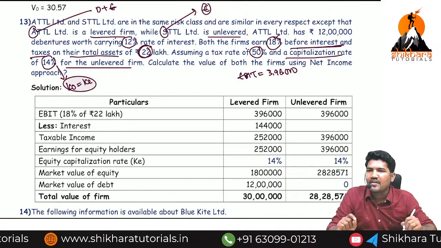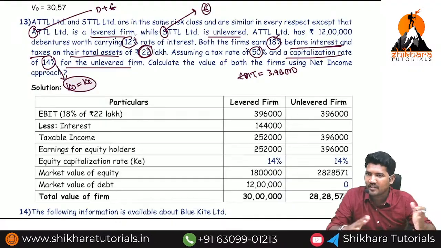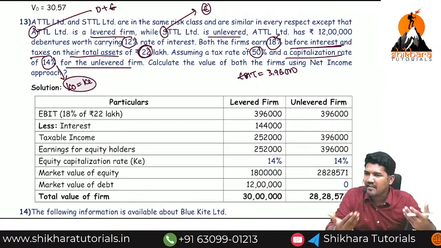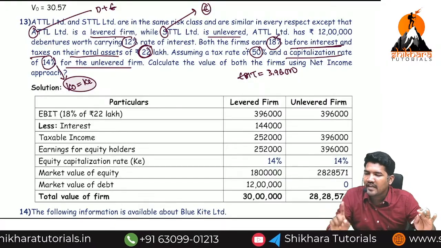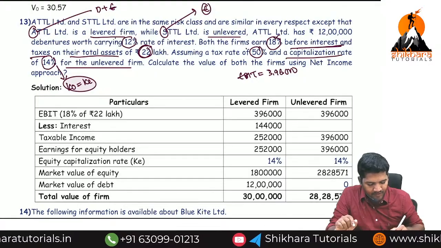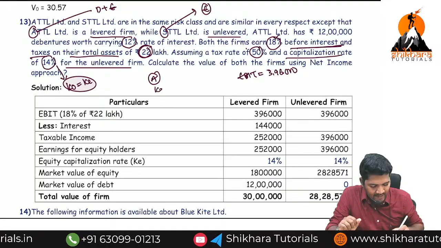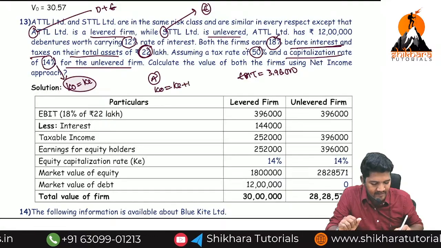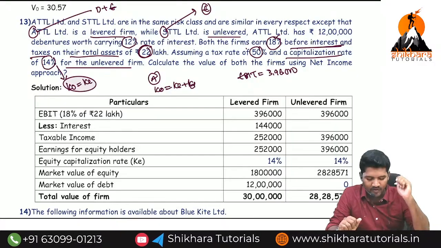Why? Because of 100% unlevered, 100% equity, there are no other proportions. What they are paying to equity is KE. That is nothing but KO. Can I use the same for A limited? No. Why? Because KO equals KE plus KD. Guys, clear? Okay, done.